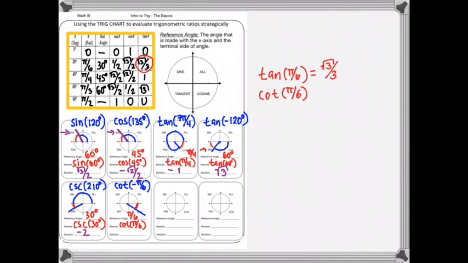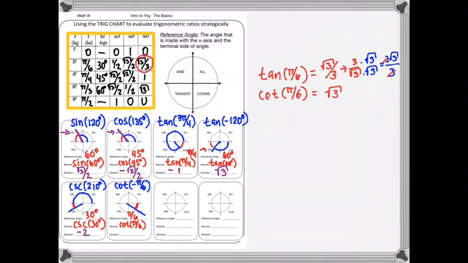So when I take the reciprocal of that, that is going to give me 3 divided by the square root of 3. And then I multiply the top and the bottom by the square root of 3, and that is going to give me 3 square root of 3 over 3, and now the 3's cancel out. And so at the end of the day, I have the square root of 3 for cotangent.